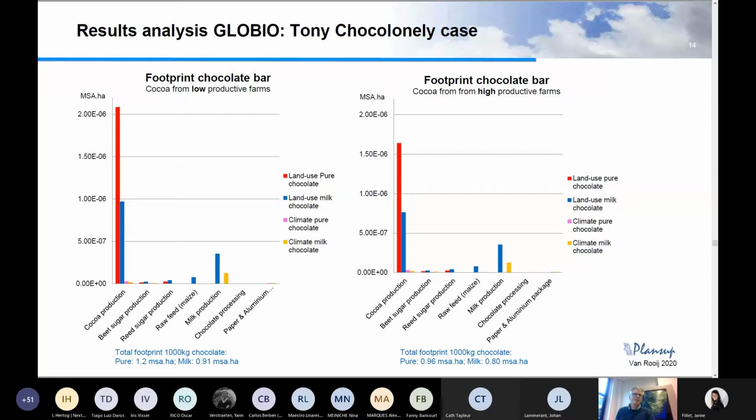The highest impact is really the cocoa production, not so much the sugar or the processing. And if you source from high productive farms, that is the most efficient way to achieve a lower footprint, while at the same time you can do something about the social welfare of the people. Next, please.